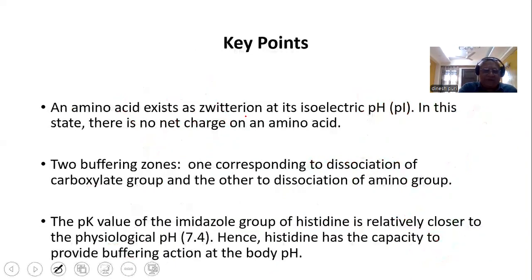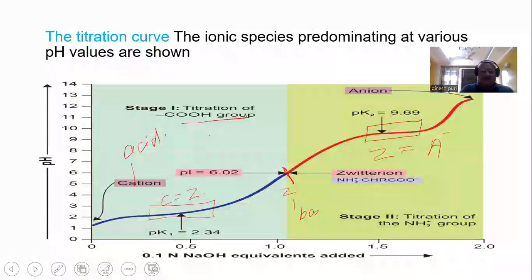So now you see, this first phase corresponds to dissociation of the carboxylate group, and pK of the carboxylate group is 2.34. So every amino acid is able to act as a buffer at or around pH of 2.34. Second phase, every amino acid is able to act as buffer at or around pH of 9.69.